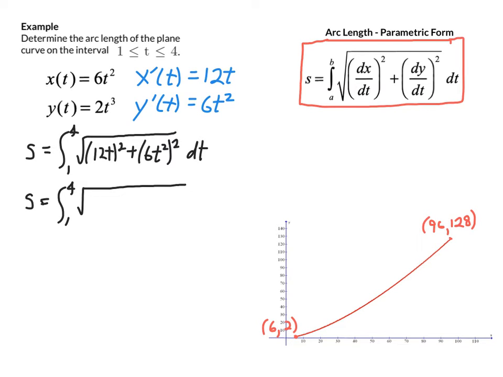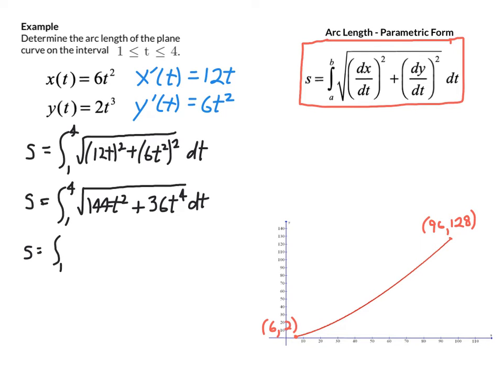If we square everything out here, we have the square root of 144t squared plus 36t to the fourth. If you notice inside of the radical, in the radicand there's a common factor of 36t squared, which is itself a perfect square. So I'm going to combine a couple of algebra steps here.